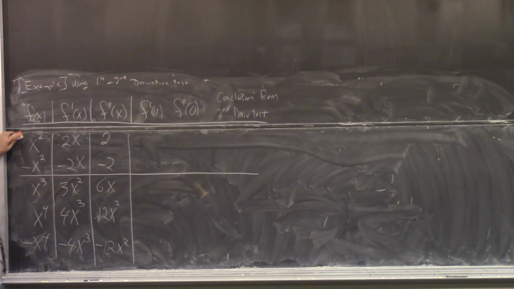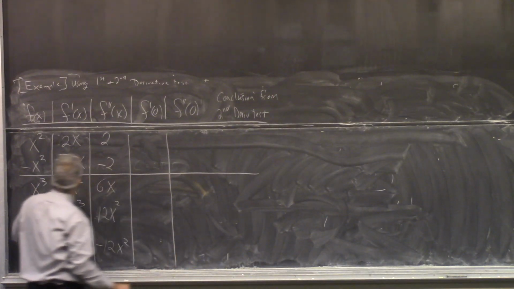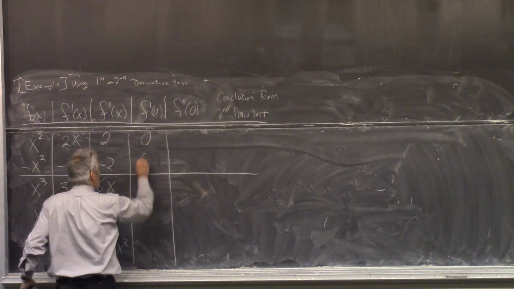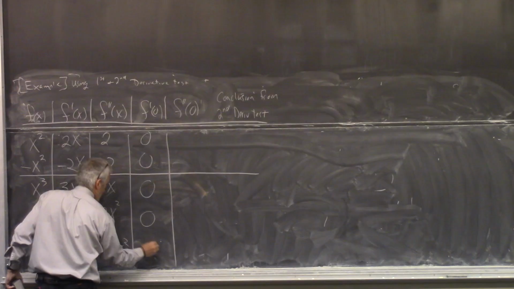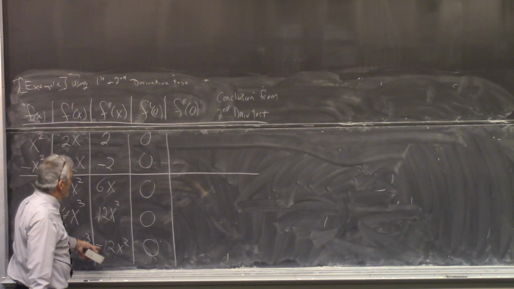Now let's see what happens when I substitute in x equals 0 into those derivatives. Well, you can see every one of the first derivatives will become 0 when I substitute in x equals 0, so I can just put zeros in all of these places. Now look at f double prime when I substitute in x equals 0.